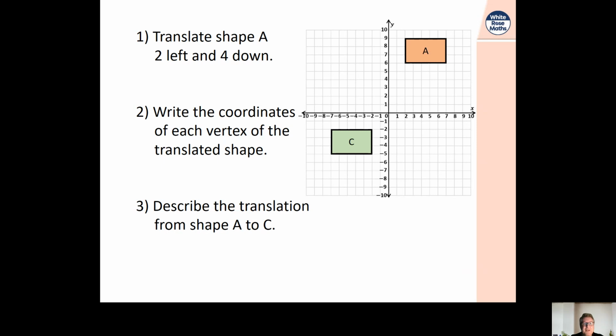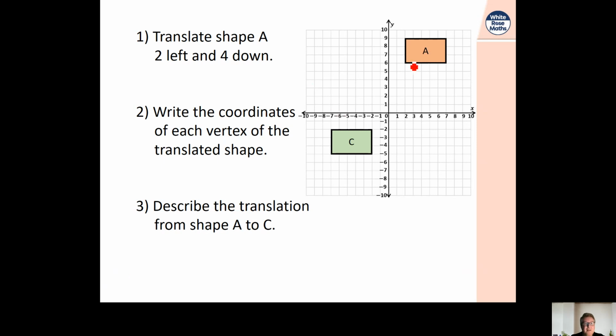Have a go at these 3 questions, before we reveal the answers.